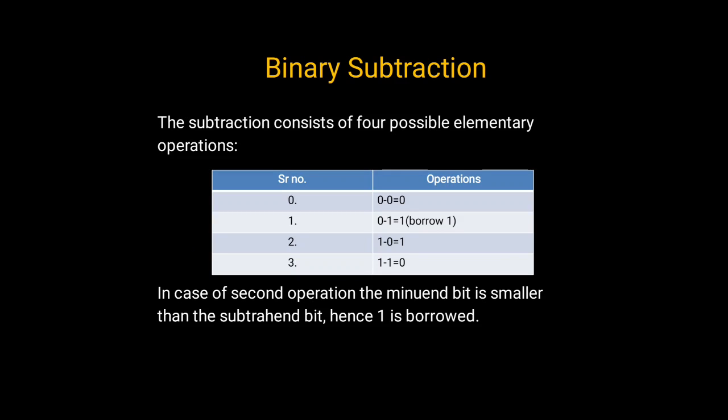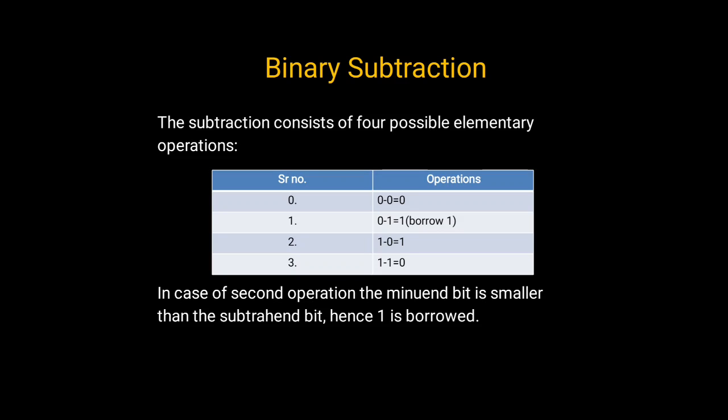Next, binary subtraction rules. It also consists of 4 possible elementary operations, the same as binary addition. Observe this case. 0 minus 0 is 0. Always remember that 1 cannot be subtracted from 0.